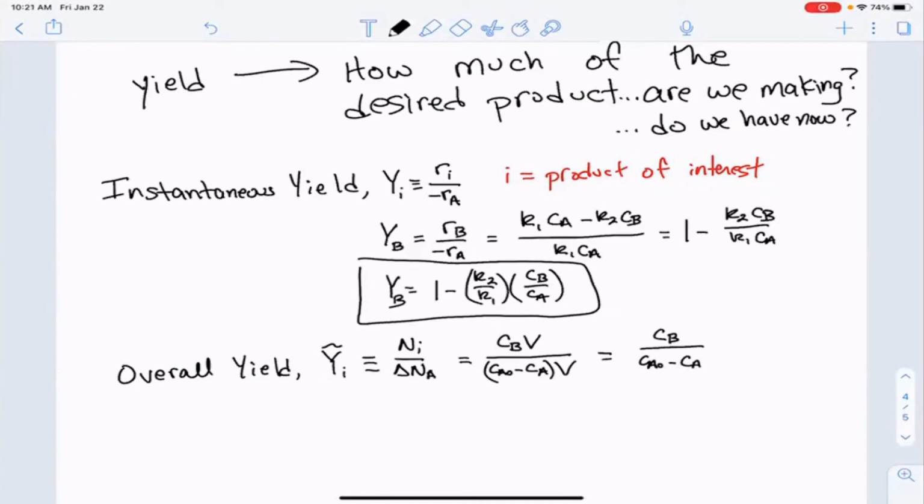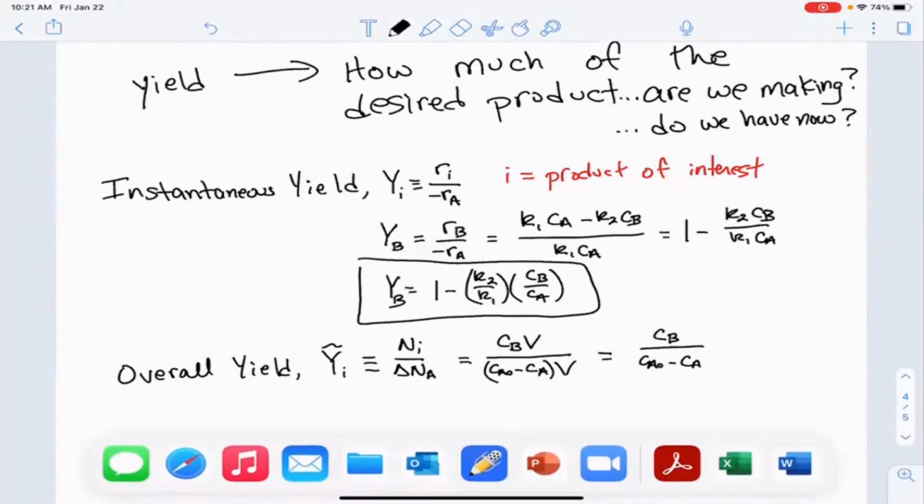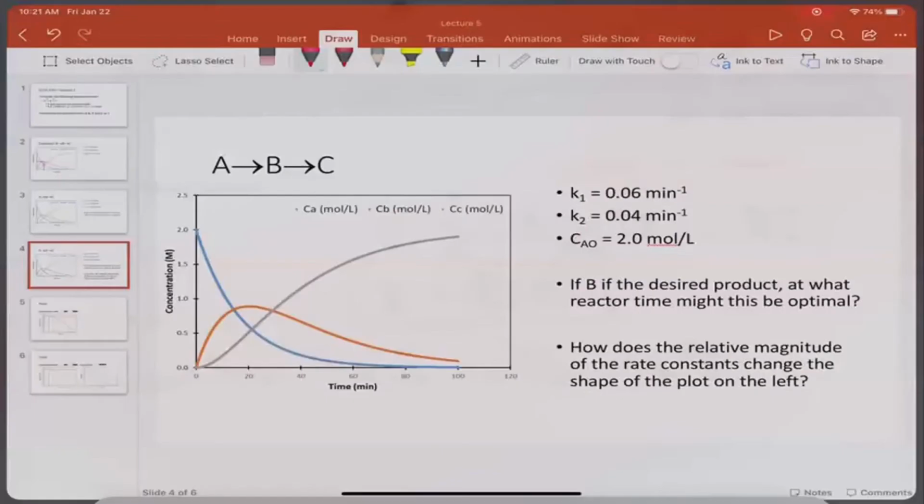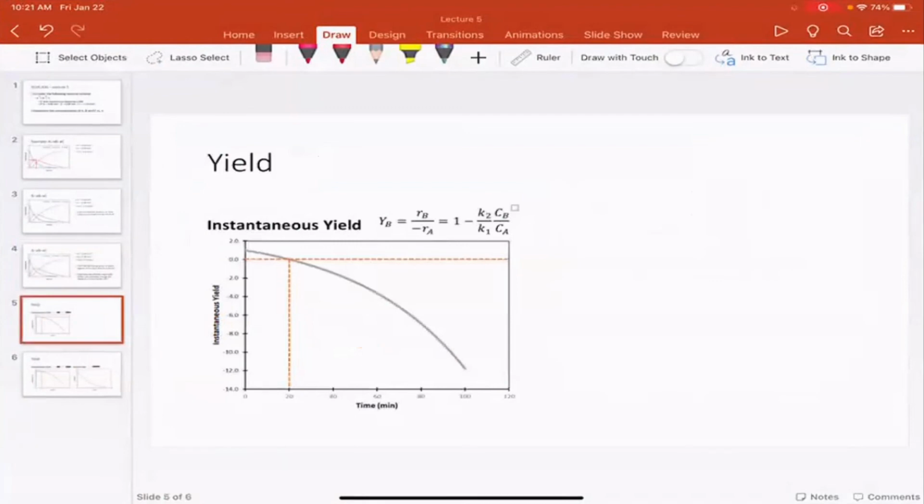And knowing this, we can actually plot both the instantaneous yield and the overall yield as a function of time, because we have equations that already tell us CA and CB as a function of time. So for our example, here's the instantaneous yield.